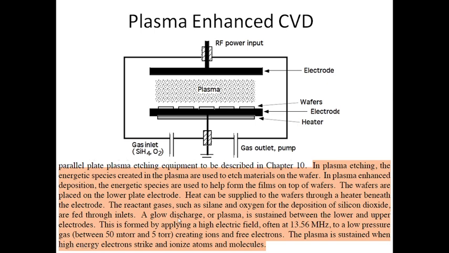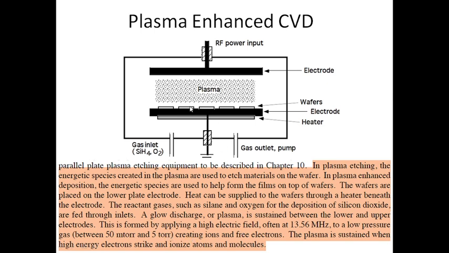A glow discharge or a plasma is sustained between the lower and the upper electrodes. So you can see there is a plasma being created. This is created by applying a high electric field at a frequency of 13.56 megahertz at a lower pressure between 50 millitorr to 5 torr, creating ions and free electrons.